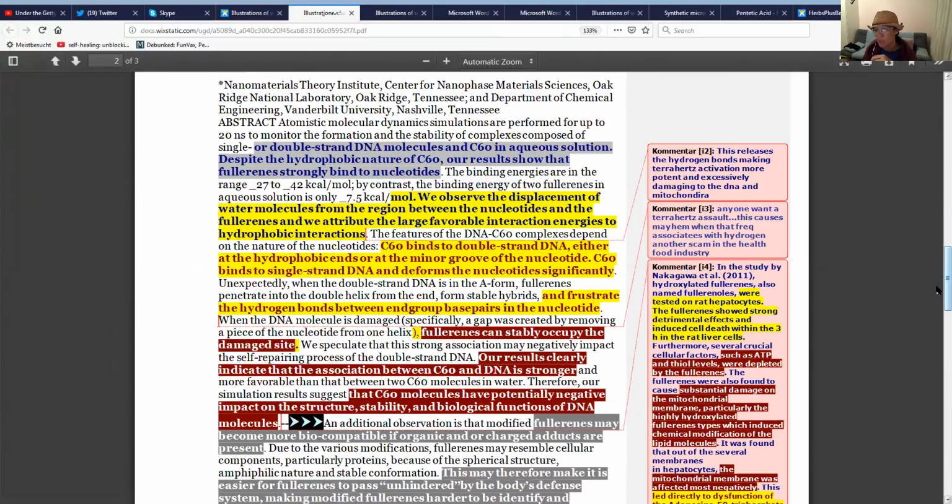C60 binds to double-stranded DNA, either at the hydrophobic ends or at the minor groove of the nucleotide. C60 binds to single-strand DNA and deforms the nucleotides significantly and frustrates the hydrogen bonds between end groups, base pairs in the nucleotide.